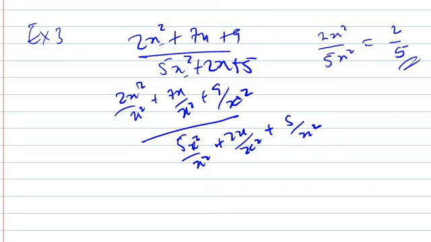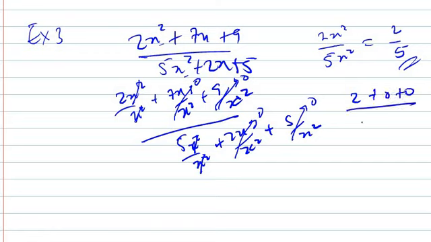Here x squared over x squared gives 1, and the terms with x in the denominator go to 0. So we are left with 2 plus 0 plus 0 all over 5 plus 0 plus 0, which is 2 over 5, as we said. So this is the final solution.